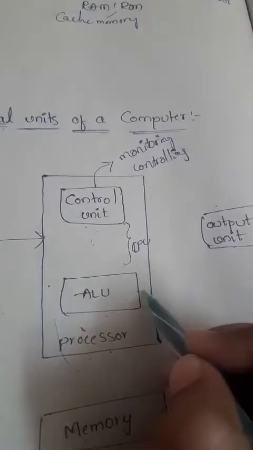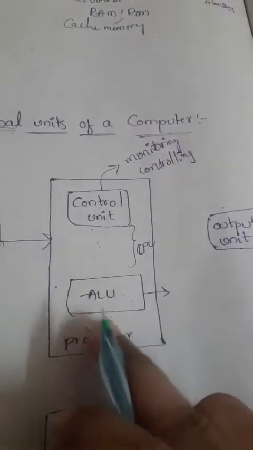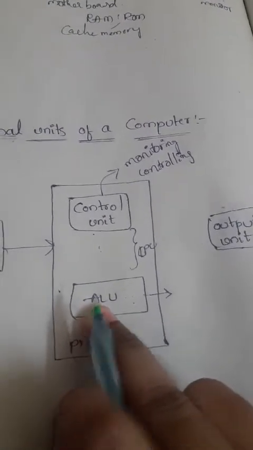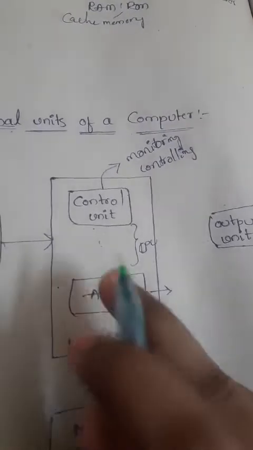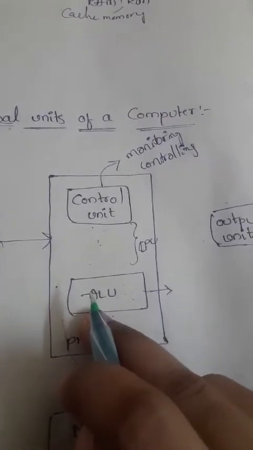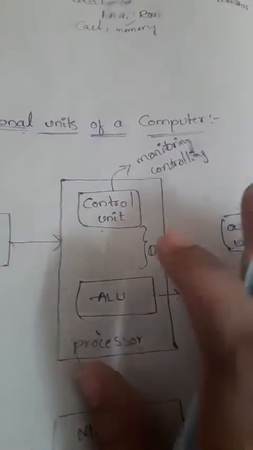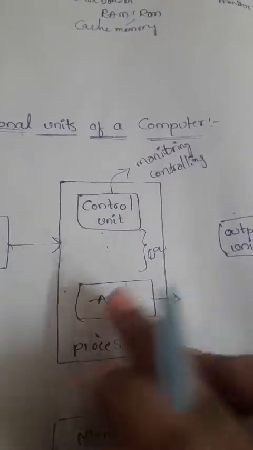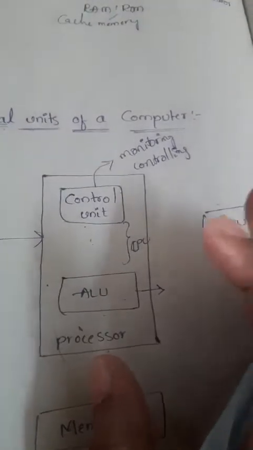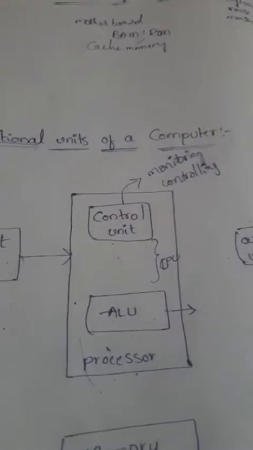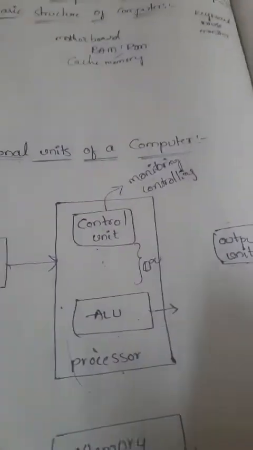ALU means arithmetic logic unit. As the name itself says, it will perform arithmetic and logical operations. Simply we can say that it will perform the calculations only.